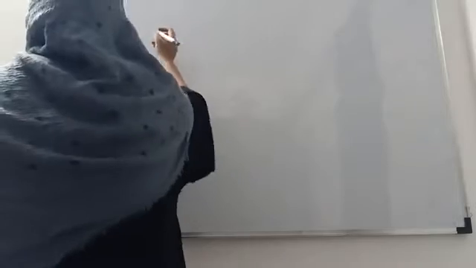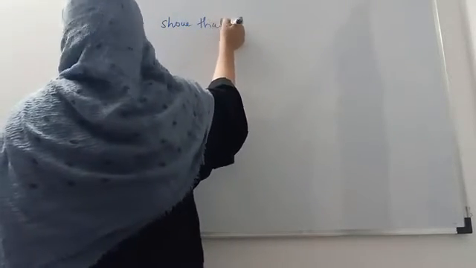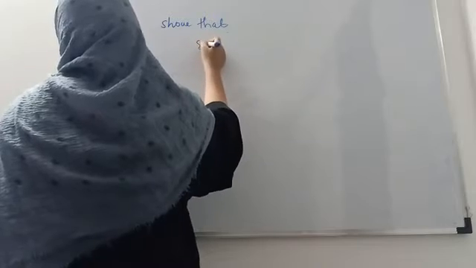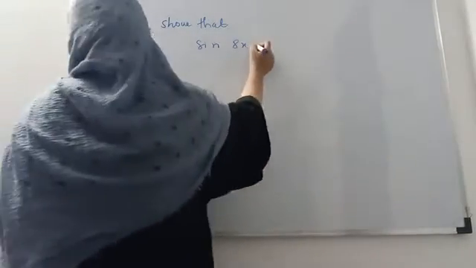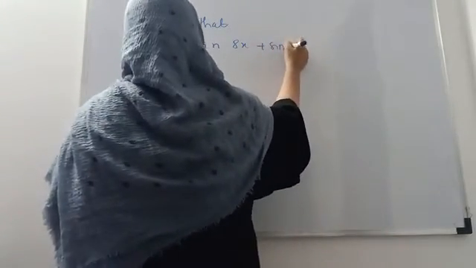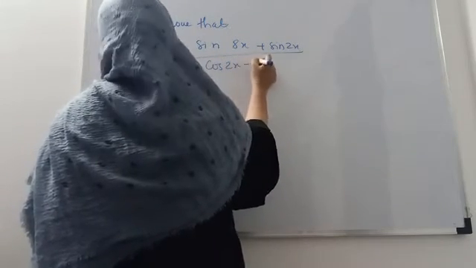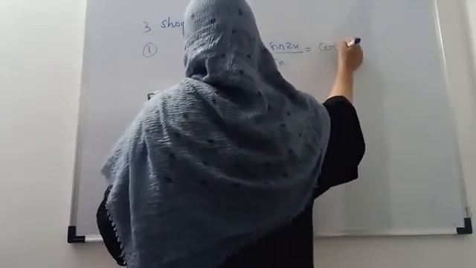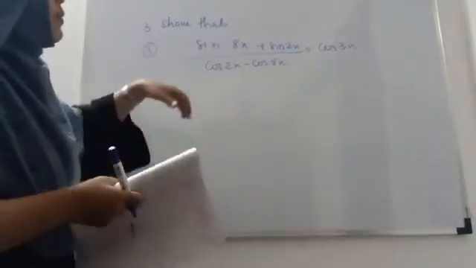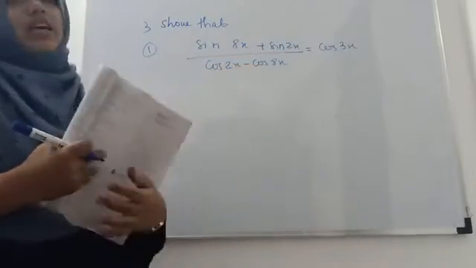Show that (sin 8x + sin 2x) / (cos 2x − cos 8x) = cot 3x. This is the first part of question number 3. The formula is (sin C + sin D) / (cos C − cos D).